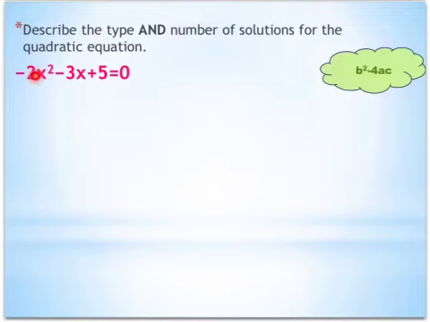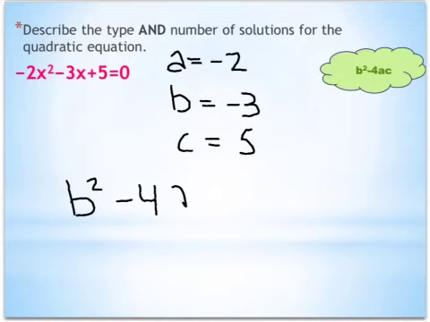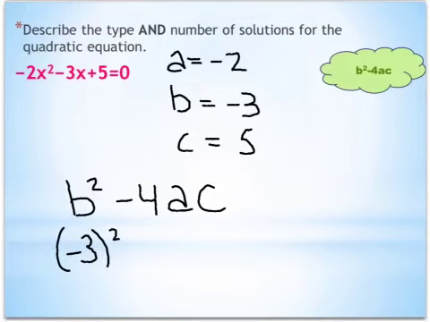So your quadratic needs to be in standard form, which this one is, ax squared plus bx plus c equals 0. So a here is negative 2, b is negative 3, and c is 5. Now plugging into our discriminant formula, b squared minus 4ac, notice there's no radical because the actual discriminant does not include the radical.